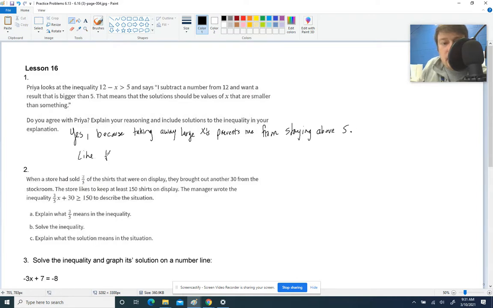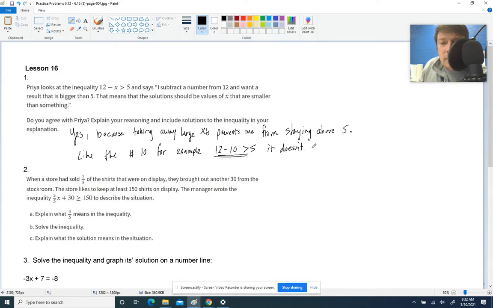like the number 10, for example. It's a larger number. I don't want to get too large, because if I do 12 minus 10, it's not greater than 5. It doesn't work, right?